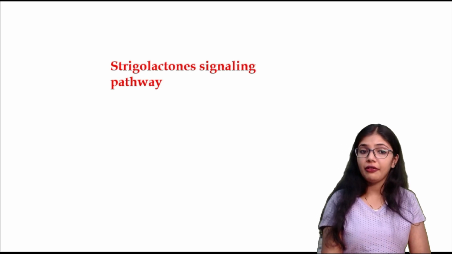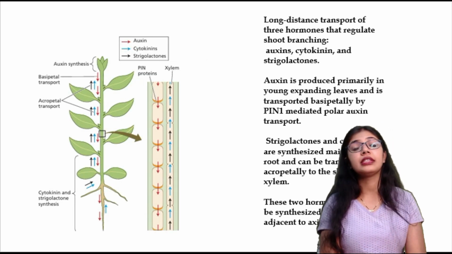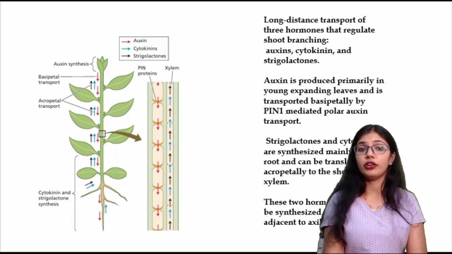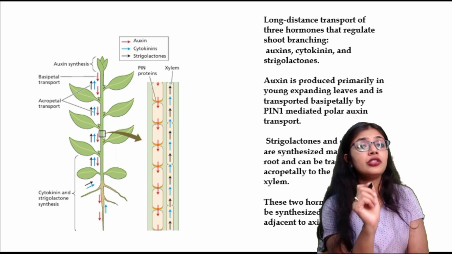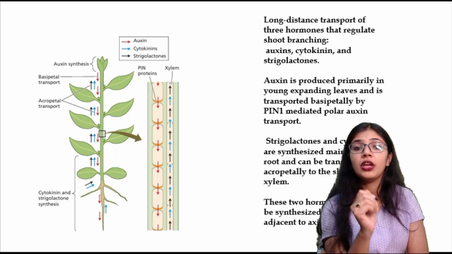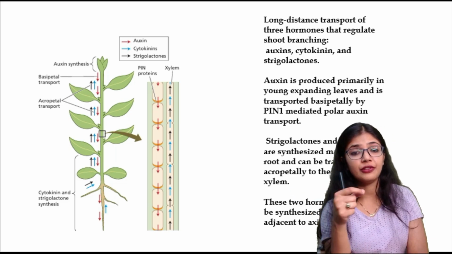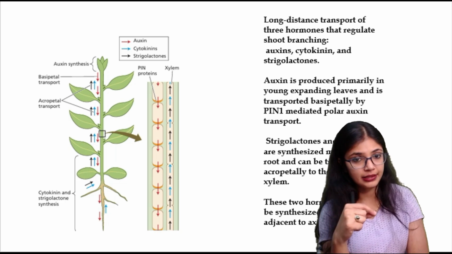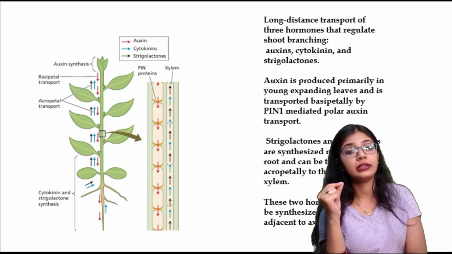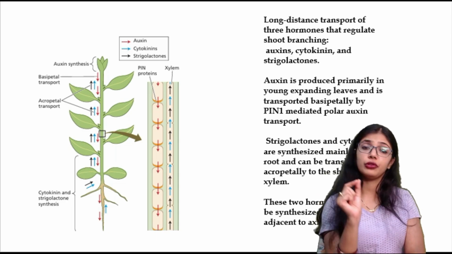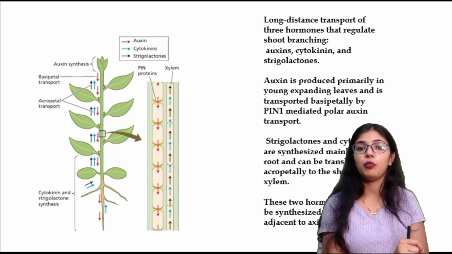So we have to understand the location of the synthesis of strigolactone. As we have already discussed in the last videos, the synthesis of auxin was in the tip portion, and the transfer of auxin was towards the base. In little amount the synthesis was towards the root, but the main part where auxin is synthesized is the tip portion.